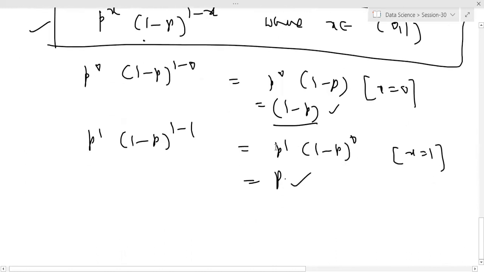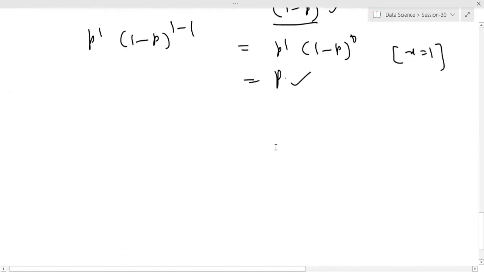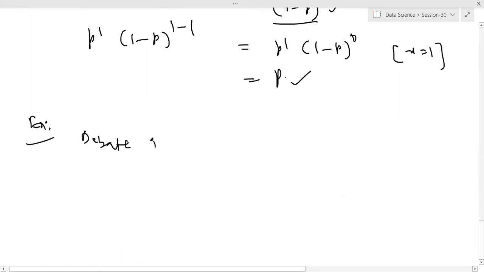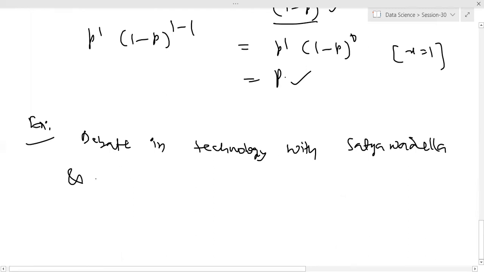Now I have an example for you. Suppose I want to set up a debate in technology with Satya Nadella and some XYZ person who is a layman in technology.